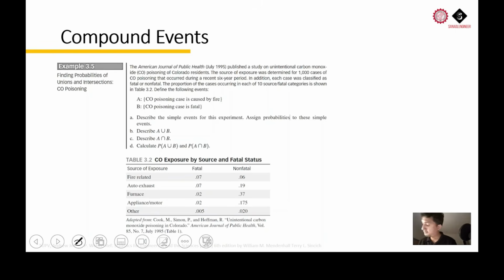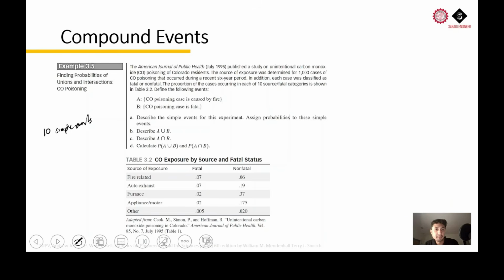So 2 times 5, there are 10 simple events overall. Okay, so you can only fall in one of these 10 categories.